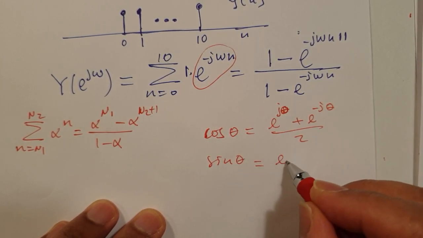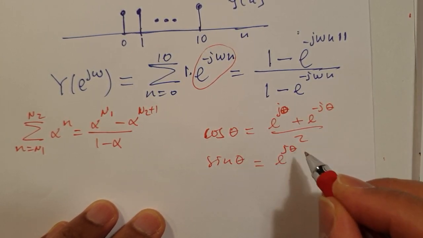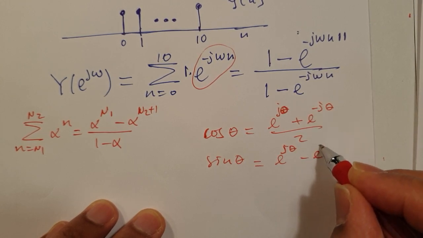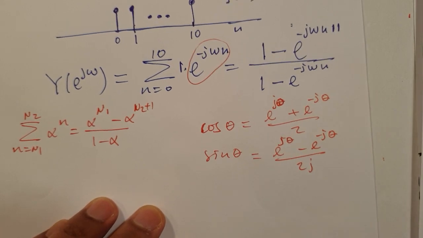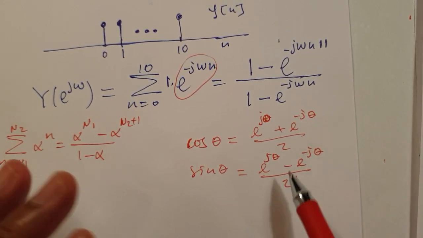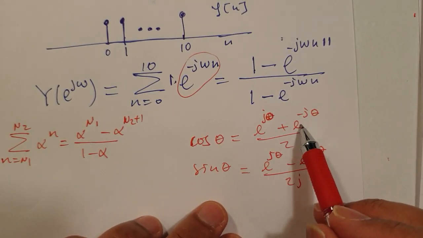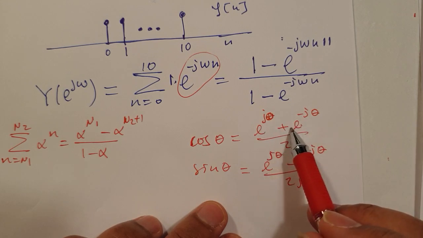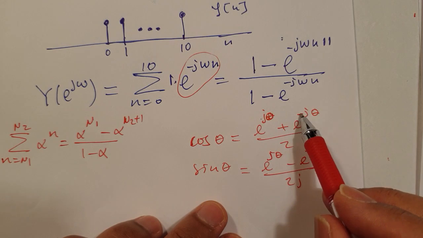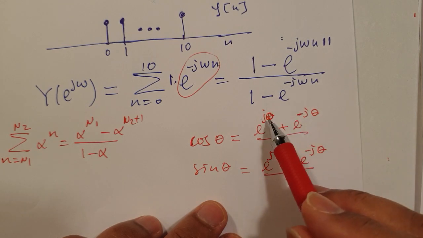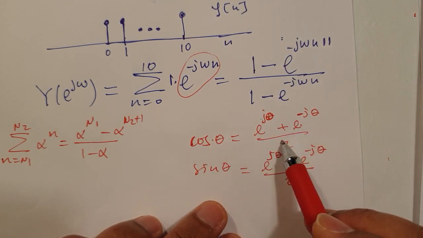This is an interesting opportunity to use it. So whenever I have a sum of complex exponentials, where one angle is negative and the other positive, if I'm adding them I will end up with 2 cosine.